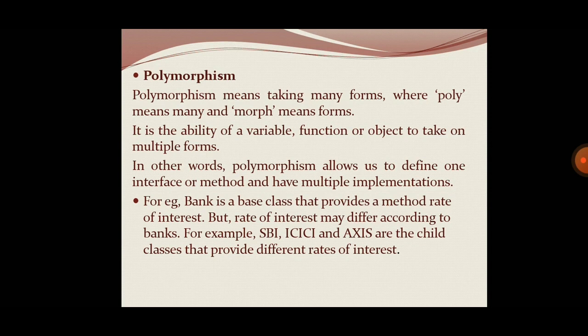Compile time polymorphism refers to a process in which a call to an overloaded method is resolved at compile time rather than at runtime. So method overloading is an example of compile time polymorphism. For example, bank is a base class and provides a method, rate of interest. The rate of interest may differ according to the bank.